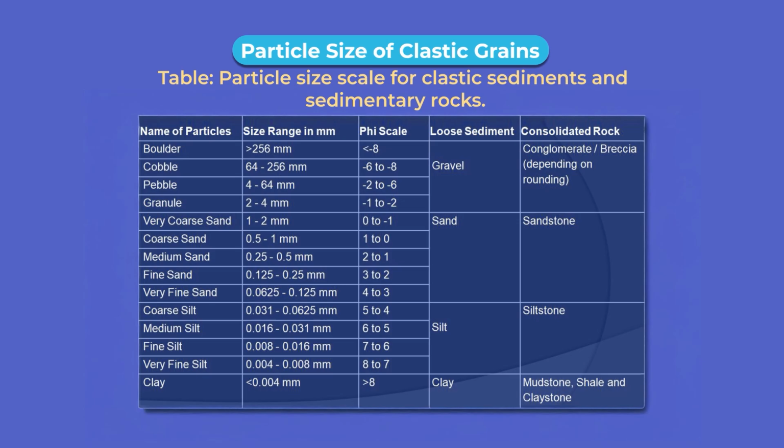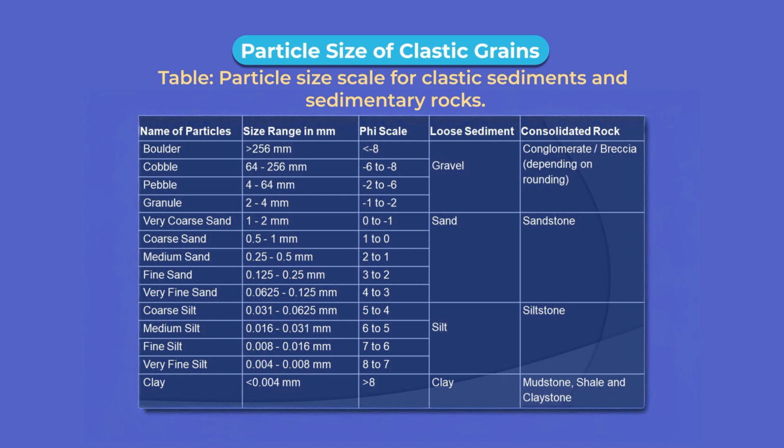Granules are 2 to 4 millimeter, -1 to -2 phi. Very coarse sand is 1 to 2 millimeter, 0 to -1 phi. Medium sand is 0.25 to 0.5 millimeter, 2 to 1 phi.